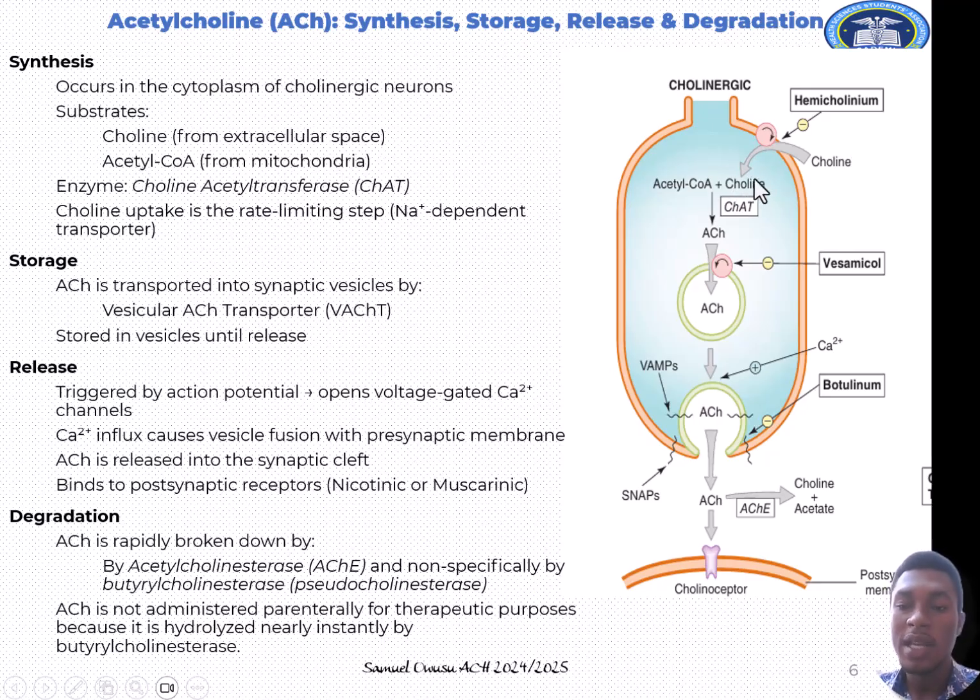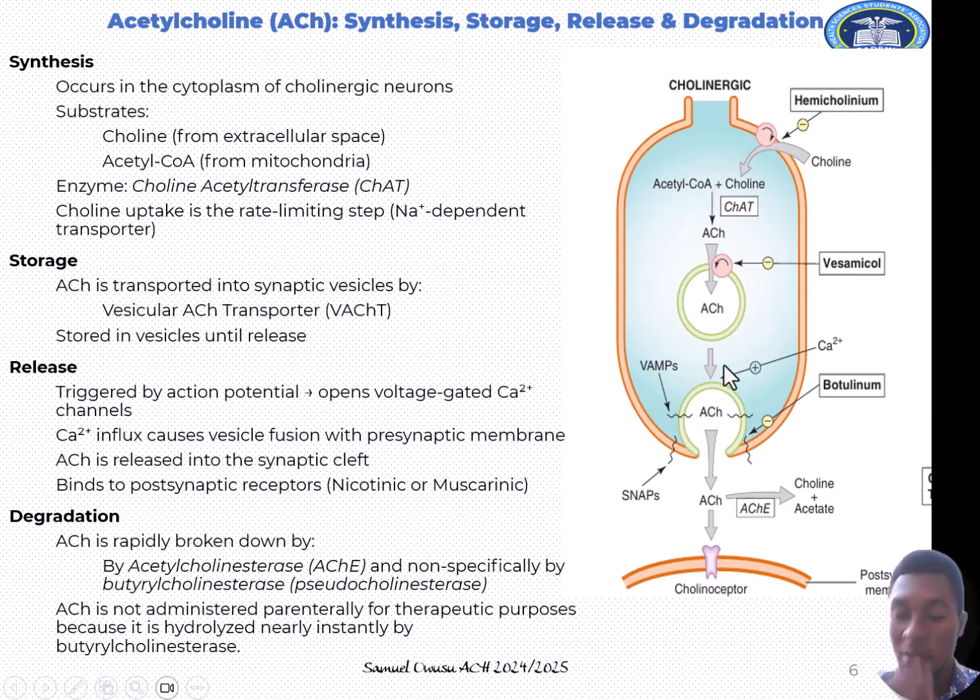In the cytoplasm, it combines with acetyl-CoA with the help of an enzyme called choline acetyltransferase to form acetylcholine. This acetylcholine is then stored in vesicles by the help of a vesicular acetylcholine transporter, and when we have enough, or when the body needs it, it is released to the outside.